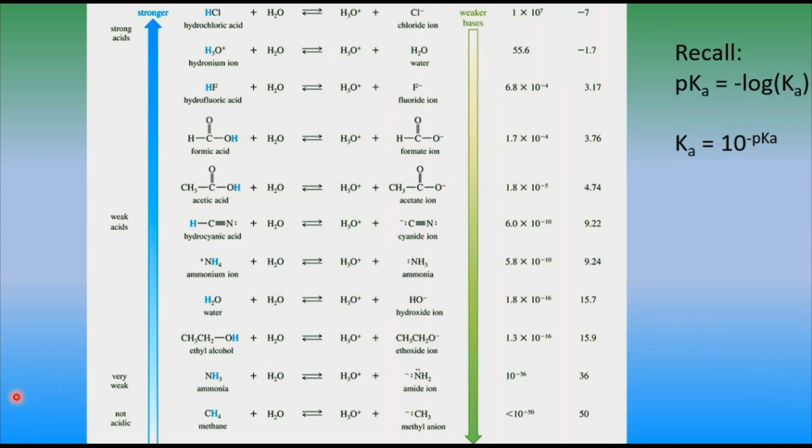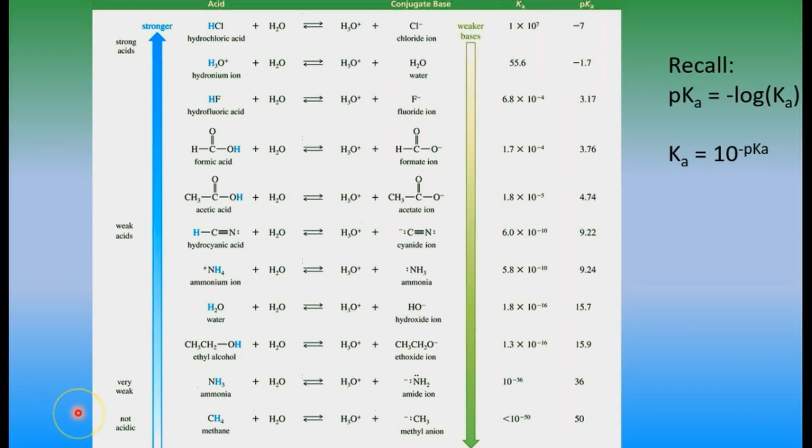So what's the difference between Ka and pKa? I have to remind students, p anything is the negative log of that thing. Like pH is negative log of hydrogen ion concentration. So pKa must be negative log of Ka, and Ka is an equilibrium constant.